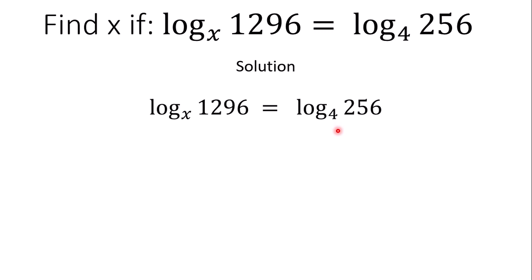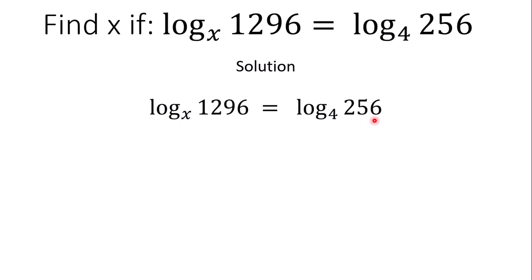So in order to take away the log and the base and the number, we have to do something to this one to get the number 4, so that 4 and this log to base 4 will cancel out, and the number that will remain is the value for log 256 base 4.